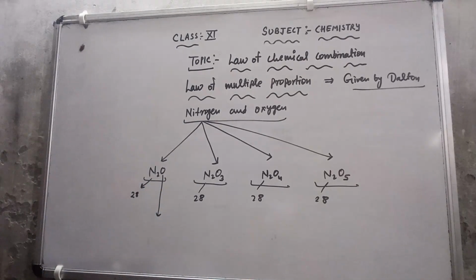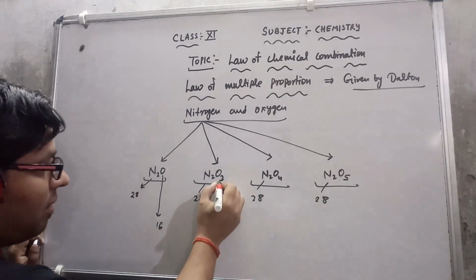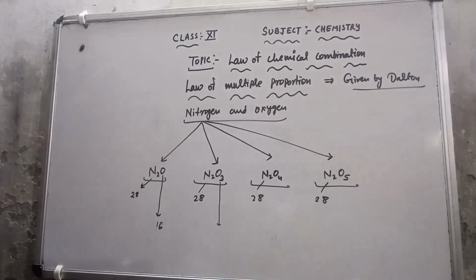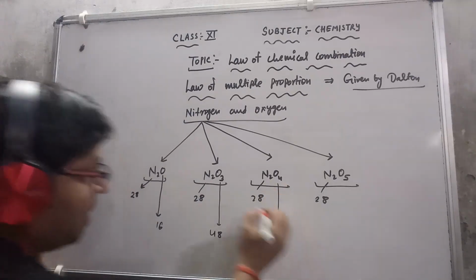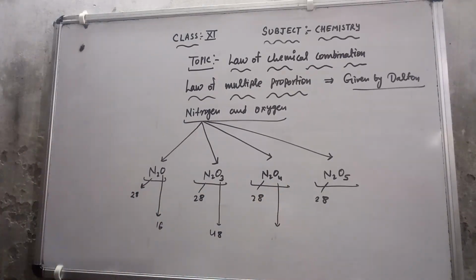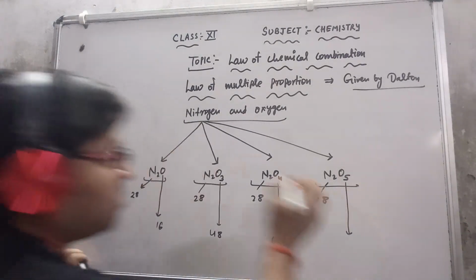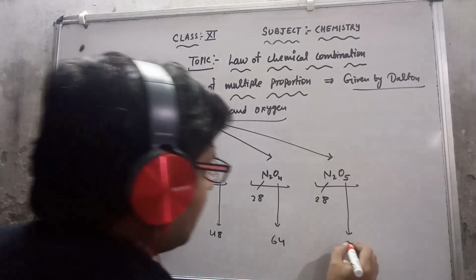So for oxygen, the mass of oxygen is 16. Here the mass of oxygen, 16 times 3 is 48. Here the mass of oxygen, 16 times 4 is 64. Here the mass of oxygen, 16 times 5 is 80.